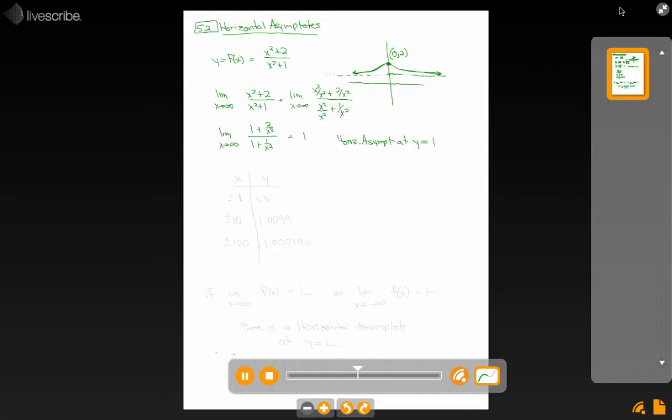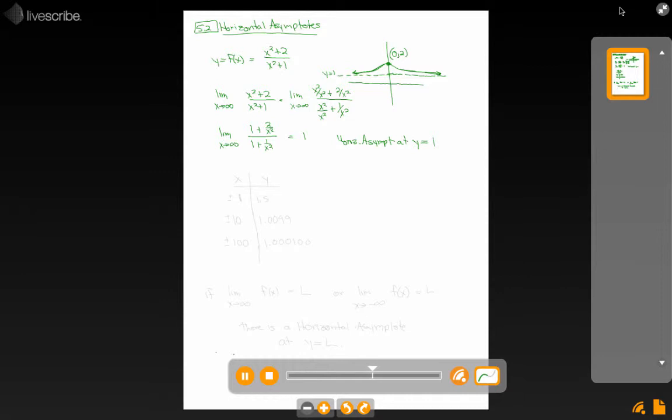So if on my graph I put a little dotted line here at y equals 1, what's going on is that my graph approaches it infinitely as I go that way, and infinitely as I go this way. So as you put in larger and larger positive numbers or negative numbers, you'll get closer and closer to 1 without ever actually reaching it.